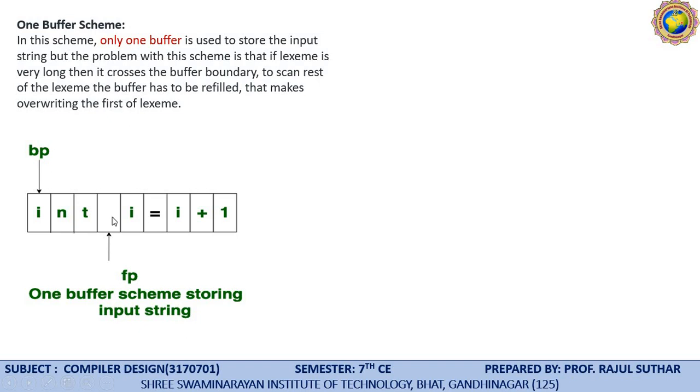We stop here because in this scheme only one buffer is used and it stores until the first lexeme is found. Until it finds a space, it keeps storing; when it finds a space, our first lexeme is integer. So here we are using only one buffer.